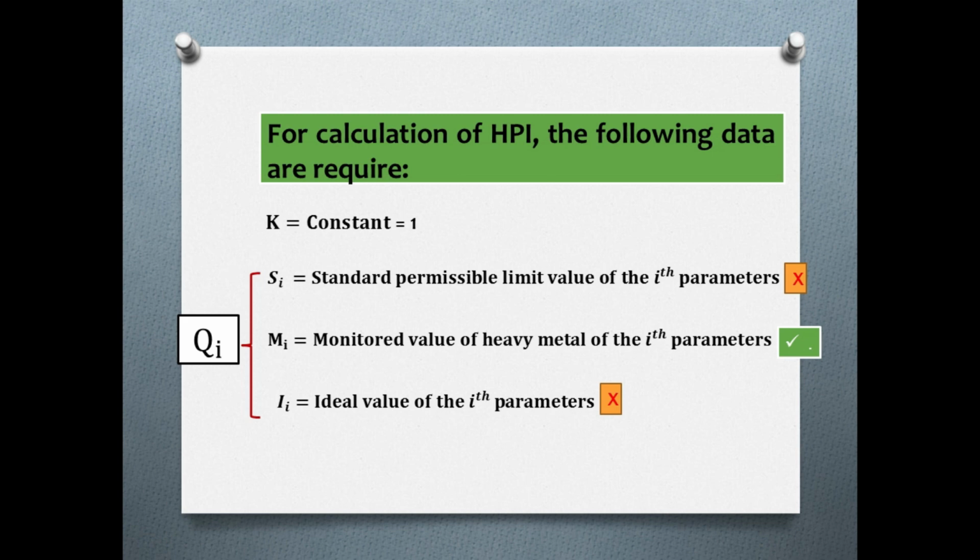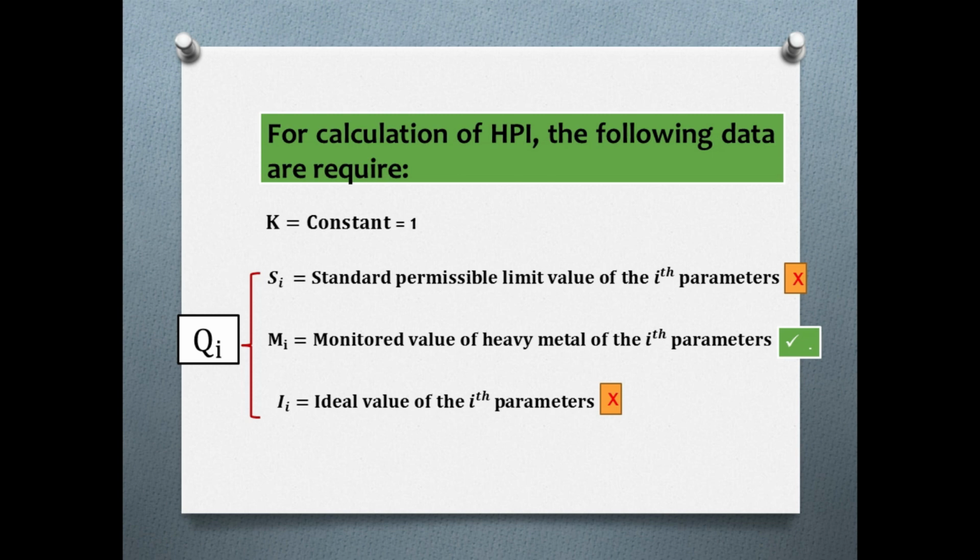But for Mi, once the analysis is done, the analytical data are obtained. So from where or how do we get the ideal value or the standard limit values, or in short the Si and the Ii values for any heavy metals of interest?